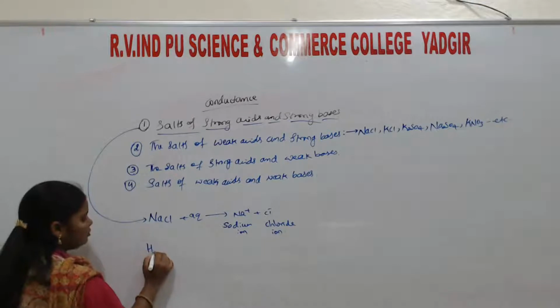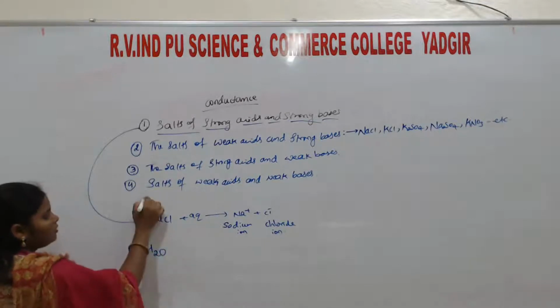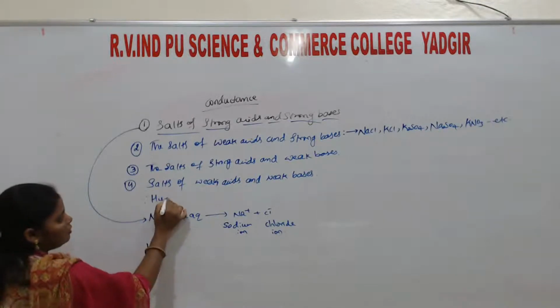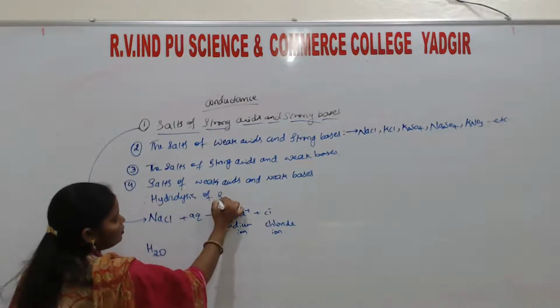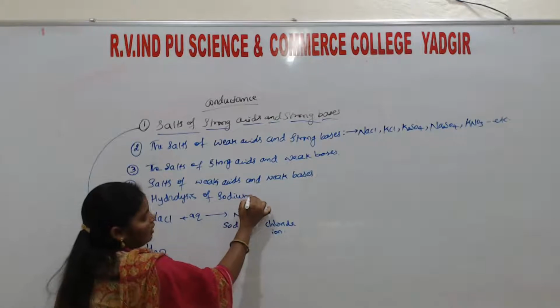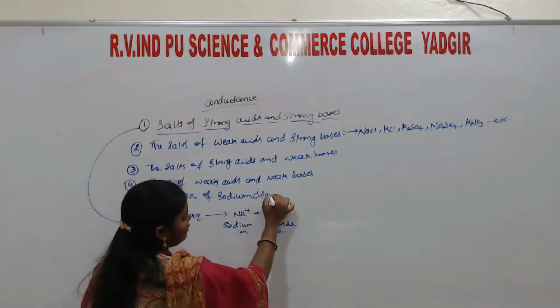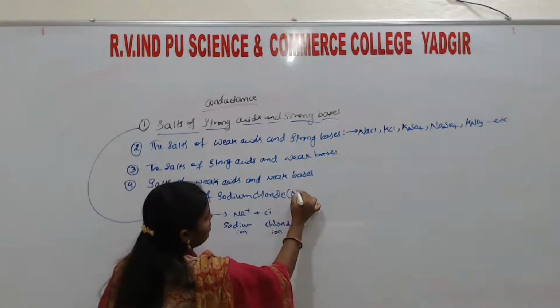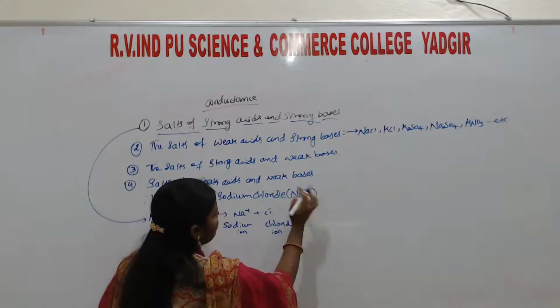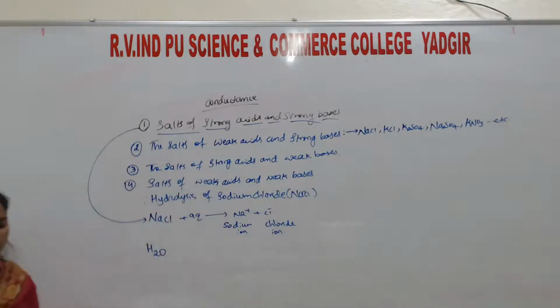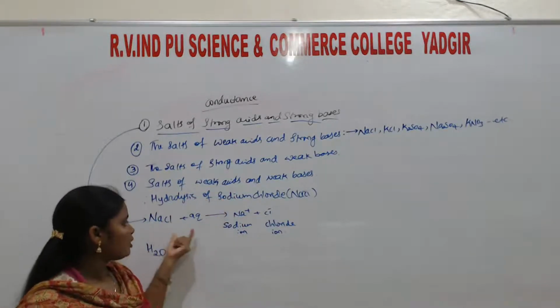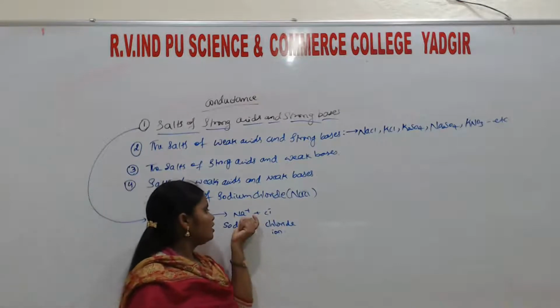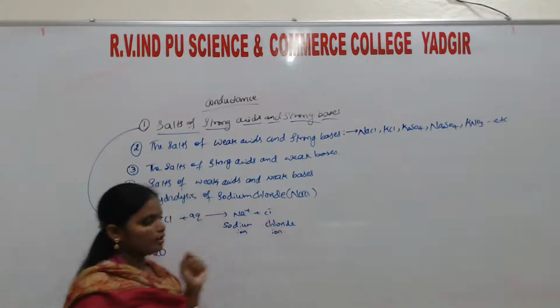Now the hydrolysis of sodium chloride can be represented. Sodium chloride in aqueous solution forms the sodium ion and chloride ion.